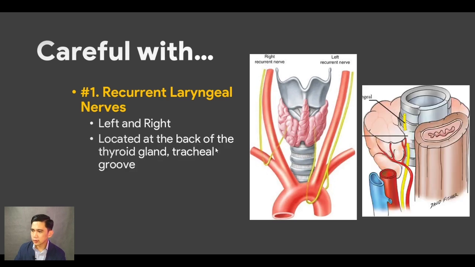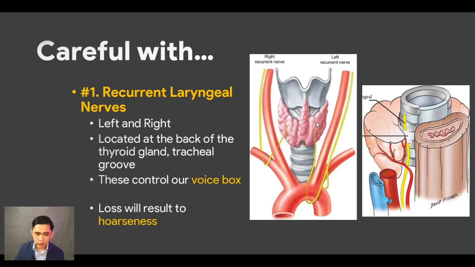Now, these laryngeal nerves are found just at the back of the thyroid. If this is the thyroid and we're looking at it from the back, so this is the front, this is the back. So the nerves are found at the back of the glands. So we don't get the thyroid out blindly. We have to identify this one and separate it when doing thyroidectomy. Now, these 2 nerves are responsible for the control of our voice box, or our voice.